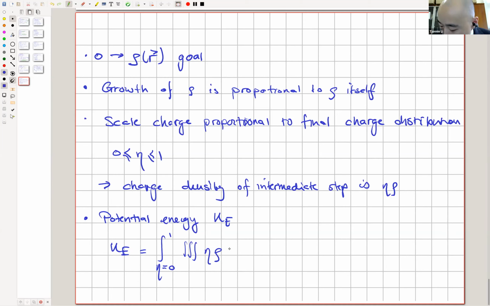The potential energy associated with a particular charge density is then the charge density times the potential phi, and then all I need to do is d eta dV. I'm building up from 0 to some rho by sliding this parameter eta.